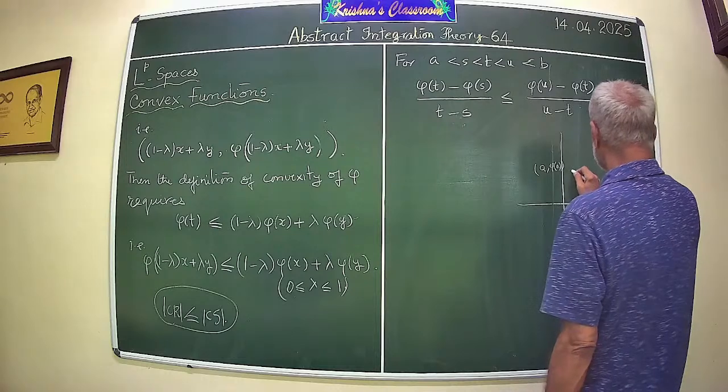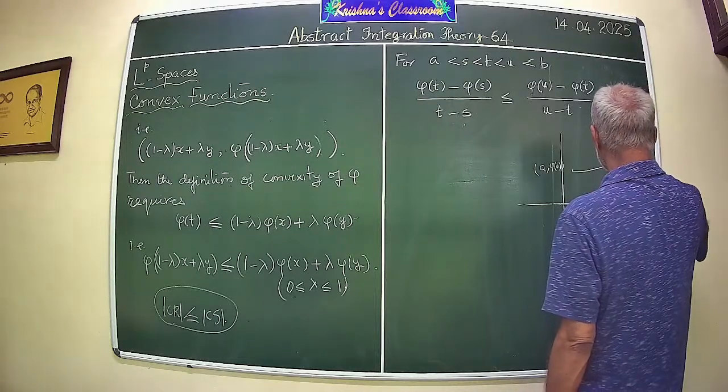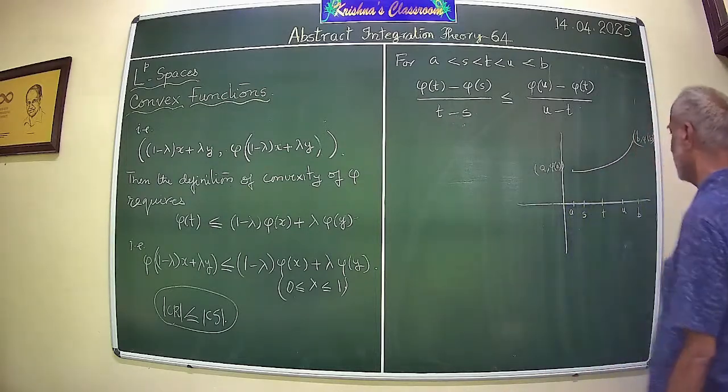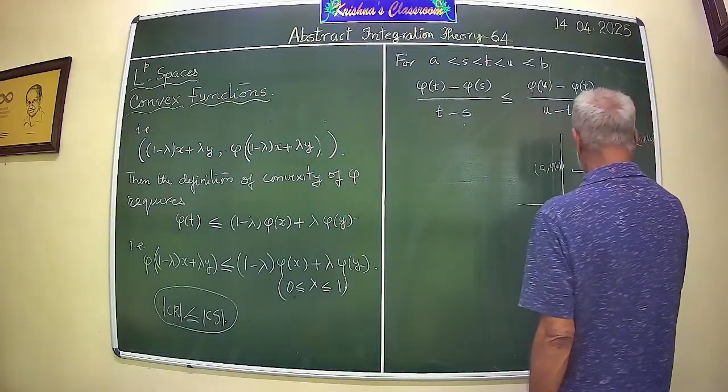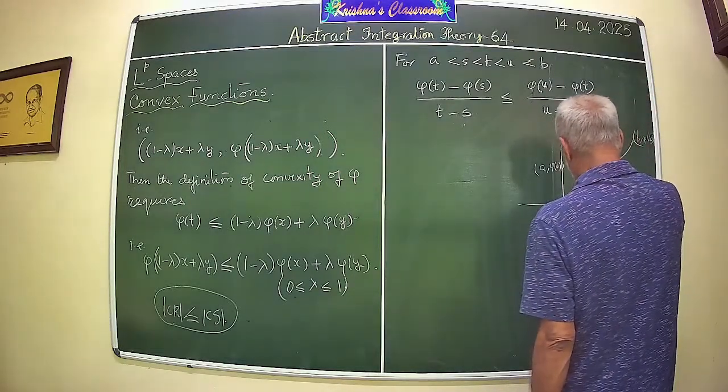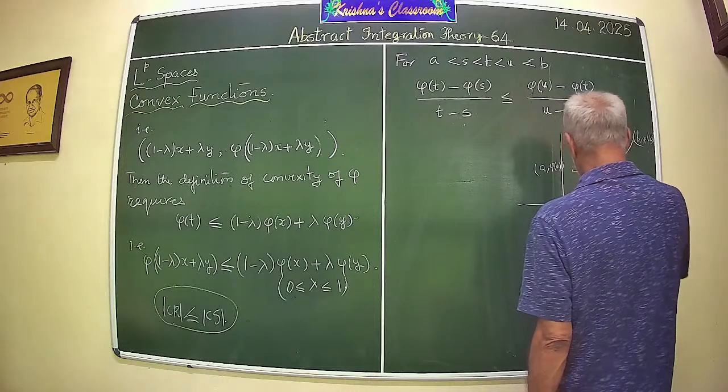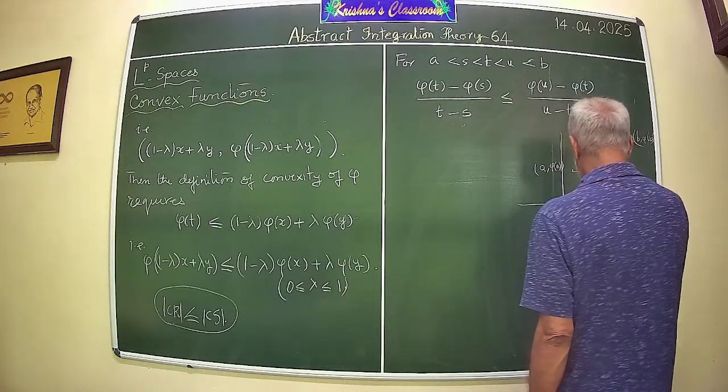Now what is C? This is the graph of the curve, and then you say it is convex. So what you need is this one. This is the height.